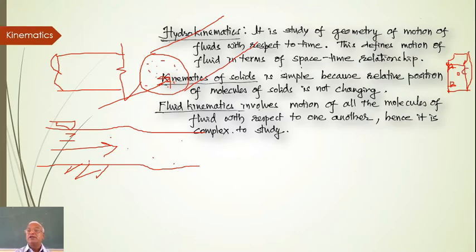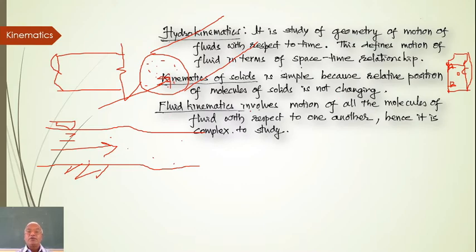Like that, in solids all the particles will be moving in the same manner, right? If it is a rectilinear motion, every particle will have a similar motion. If it is a rotation, obviously it will be a different rotation, but every particle will be rotating, and there won't be a relative motion between the particles of the object. That is what makes rigid body kinematics simpler, right?